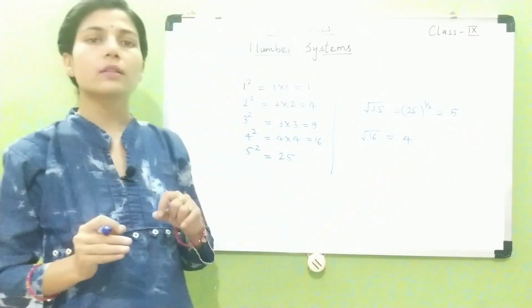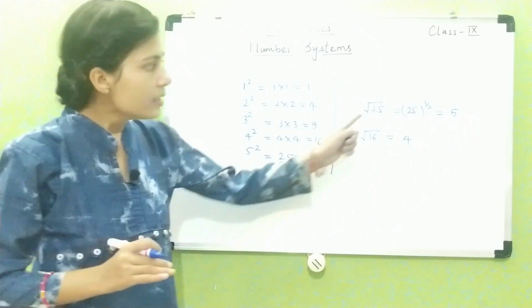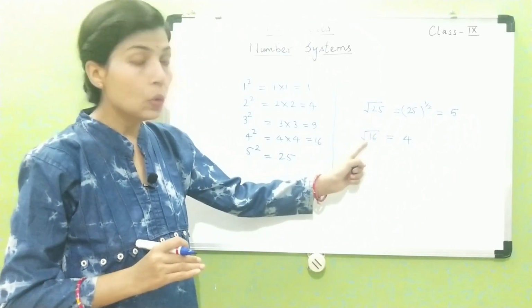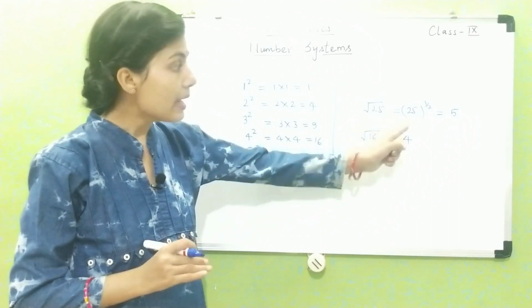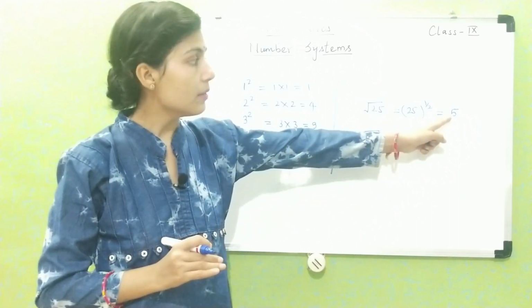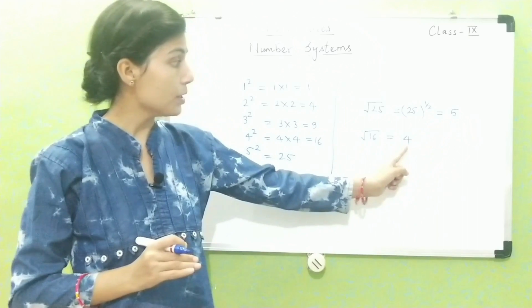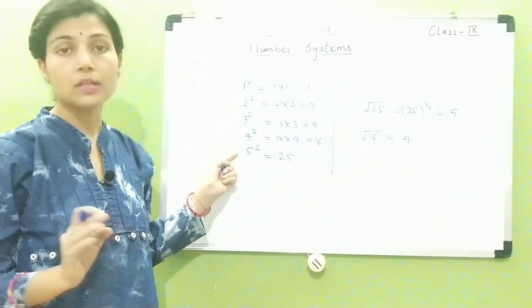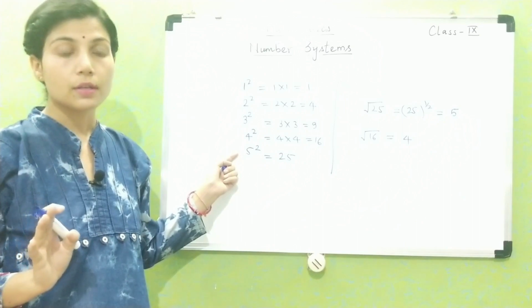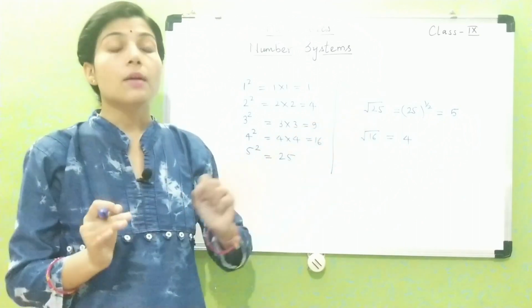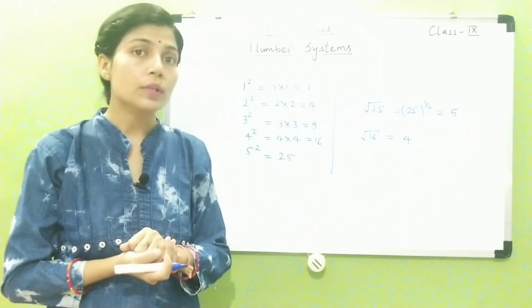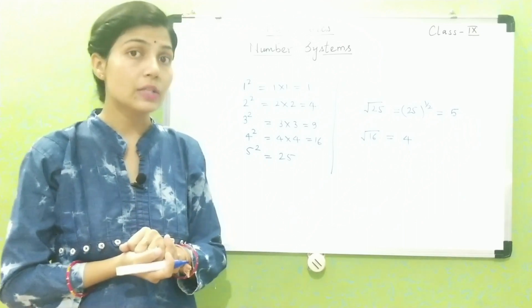So one thing should be clear here. The square root of a perfect square number will come as a natural number. See here, 5 is a natural number, 4 is too, like 1, 2, 3, 4, 5. These are all natural numbers. So if a number is a perfect square and you find its square root, it will come as a natural number.